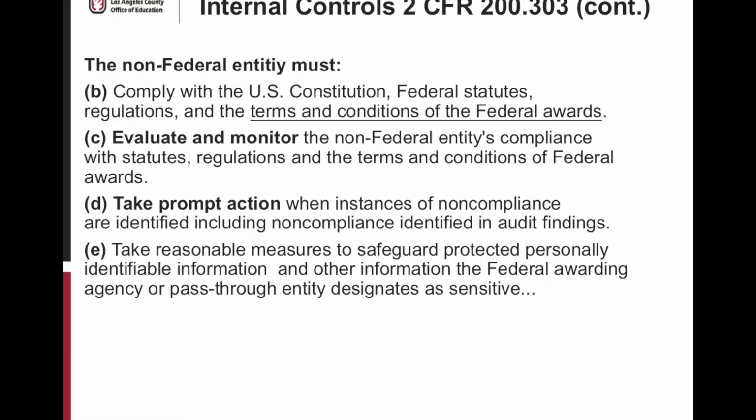And then take prompt action when instances of non-compliance are identified, including non-compliance identified in audit findings. So when you receive an audit, internal controls would dictate that you should take those audit findings and look at them and say, how are we going to take action to correct whatever was found in the audit?